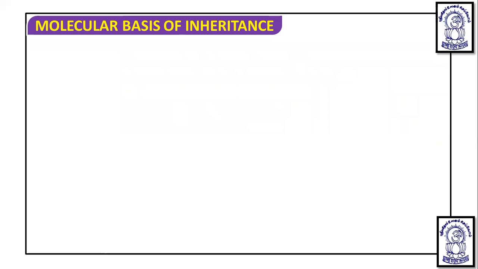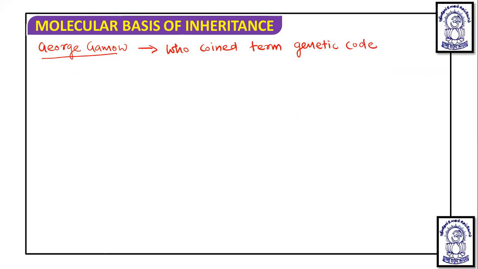In continuation of Gamow, George Gamow is the scientist who coined the term genetic code and argued that since there are only four bases, they have to code for 20 amino acids.